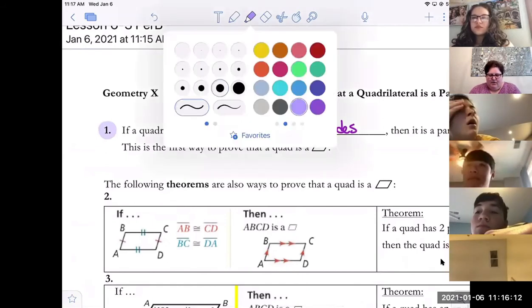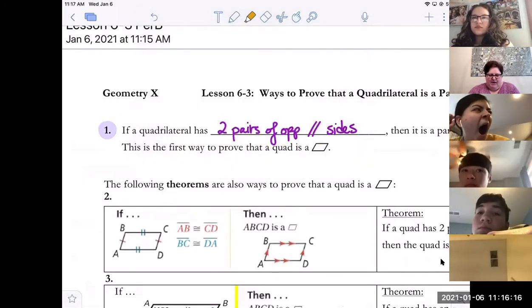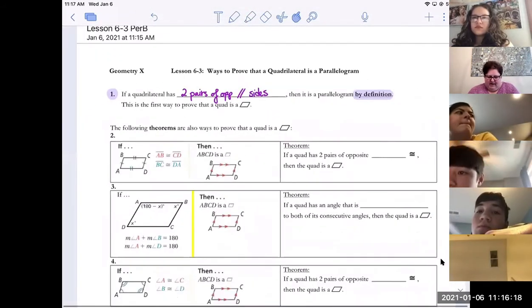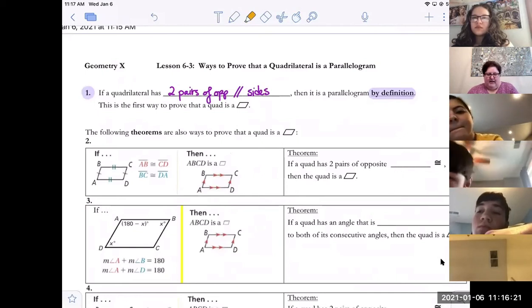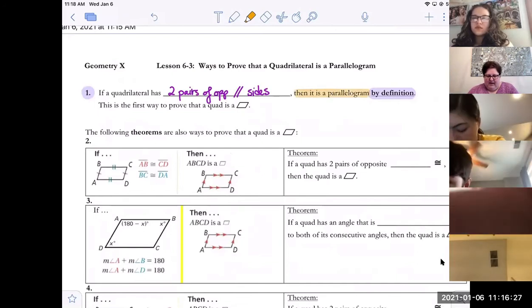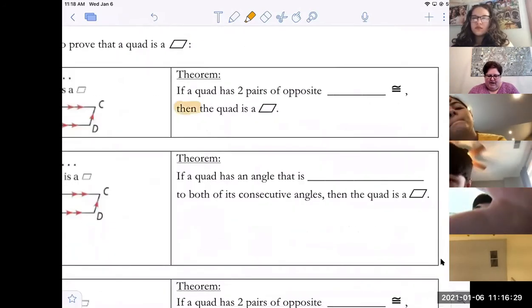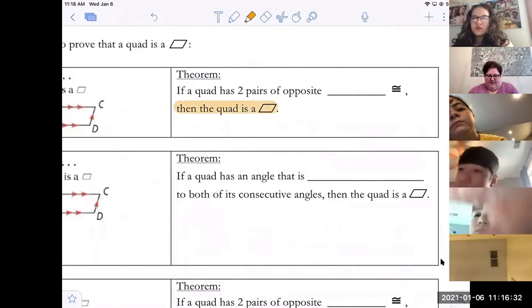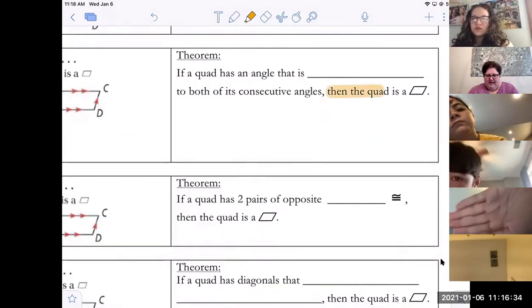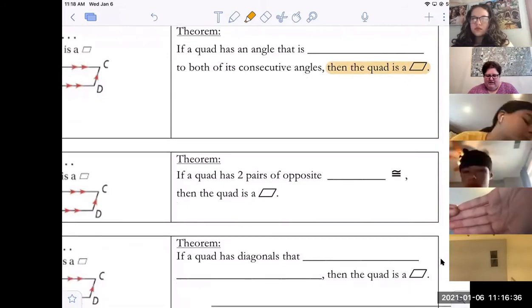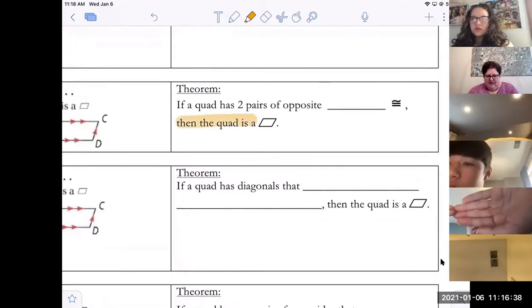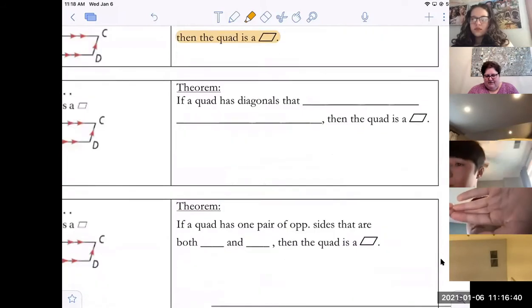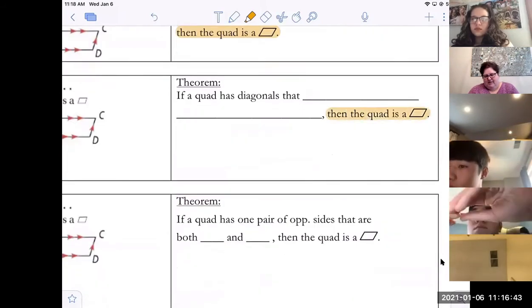Now, all of these are ways to prove that a quadrilateral is a parallelogram. I'm going to go through and highlight all of those right now. All of these are: if such and such is known, then the quadrilateral is a parallelogram. If a quad has these properties, then the quad is a parallelogram. Here's sufficient information to prove the quad is a parallelogram.